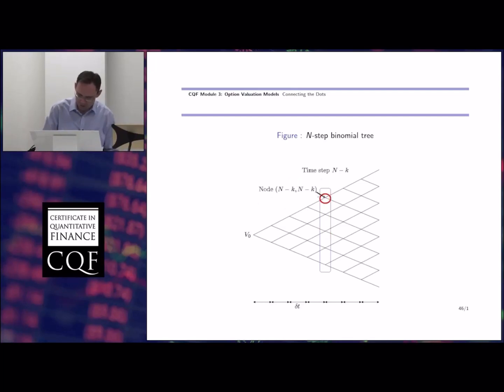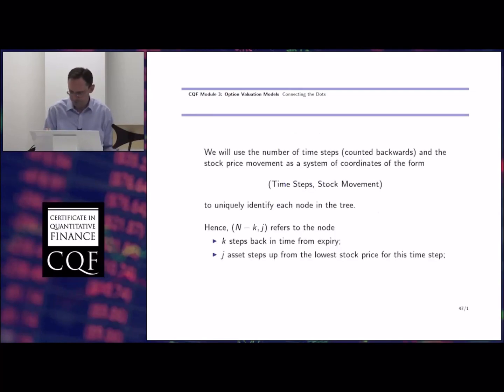So here we do have n minus k plus 1 asset prices. So now we can identify each node uniquely with a system of time and asset price with just 2 indexes.